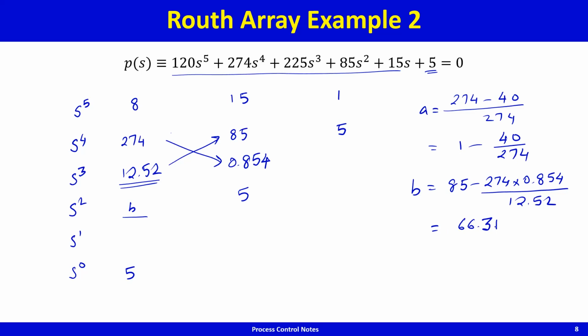Yeah, so B turns out to be 66.31, and this guy, this times this minus this times 0 divided by that guy leaves 5, so 5 just gets copied down there.